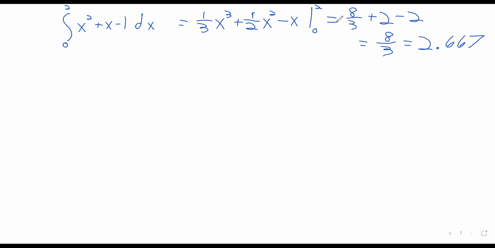If you were working on a spreadsheet and entering data, well, you can't tell Excel 2.6 repeating, so you'd have to round it, so you'd wind up with error anyway. Going back to what I was saying about not stressing about that, because it's always going to be there.